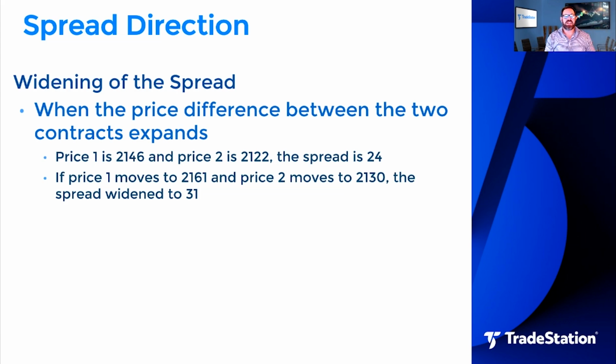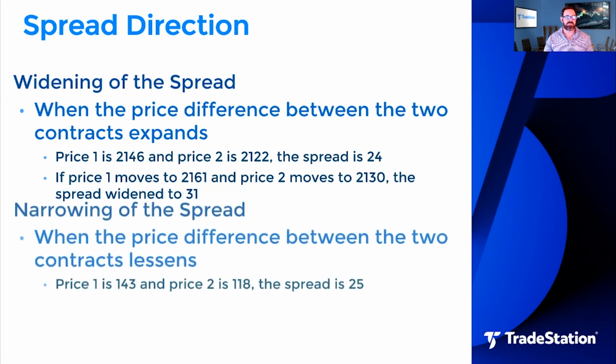That spread has now widened to 31. So that's a widening of the spread. Notice both underlying securities moved in the same direction. They didn't move at the same pace. That's what a spread does. It takes advantage of that difference in movement between those two securities.